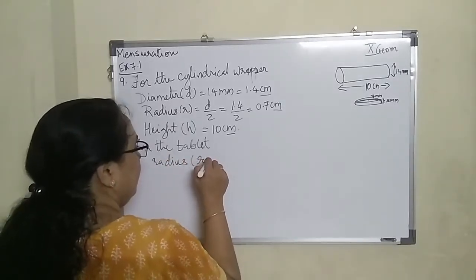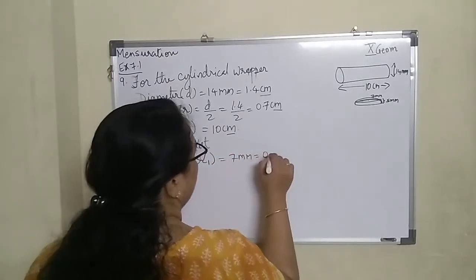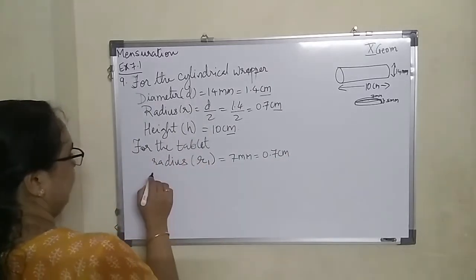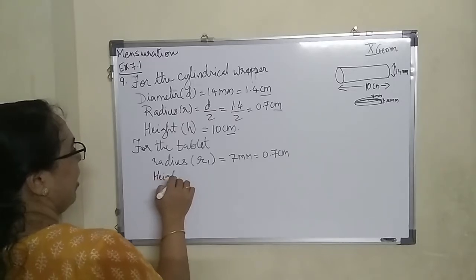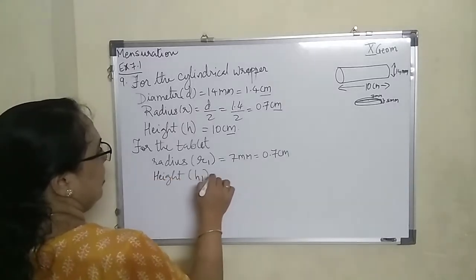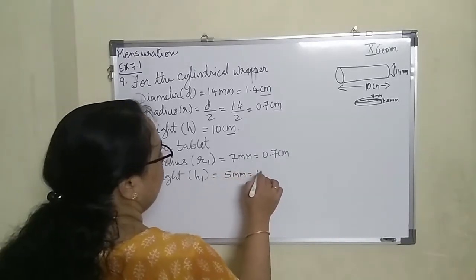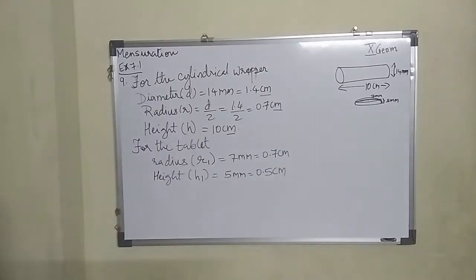I'll put R1. Yes, 7 mm, which is nothing but 0.7 centimeter, divided by 10. Same way, the thickness is the height here, that is equal to 5 mm, 0.5 centimeter. Is that very clear?